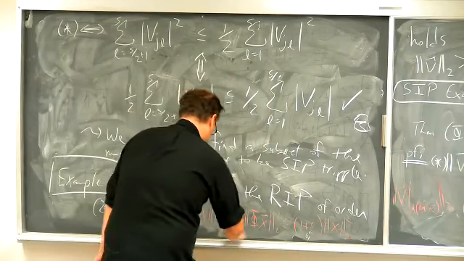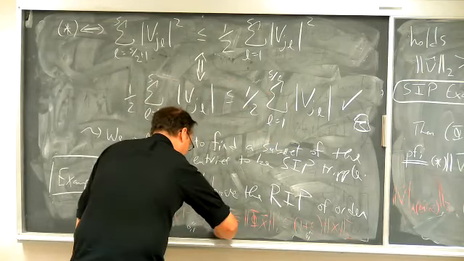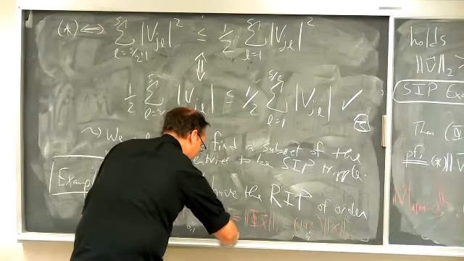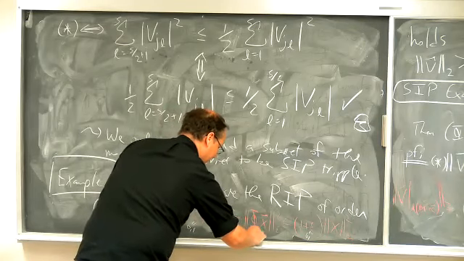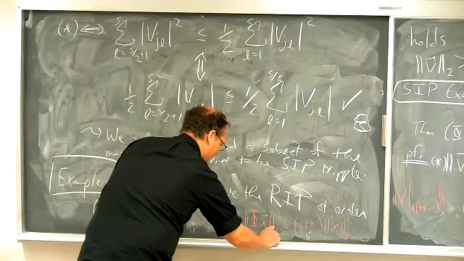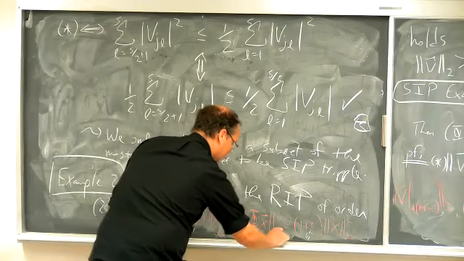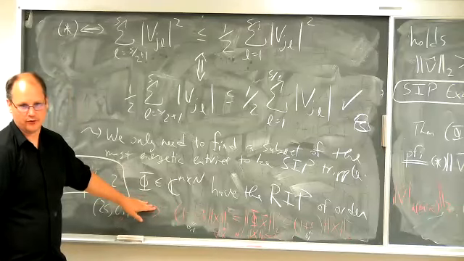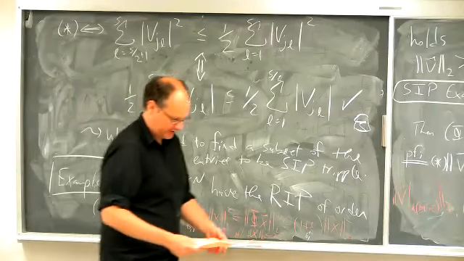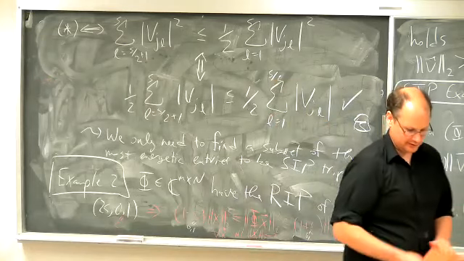And this should work for all vectors x, which is the hard part, with sparsity less than 2s, so the L0 norm less than 2s. So that's what the RIP property of this order means. Just so that I know I've said it.